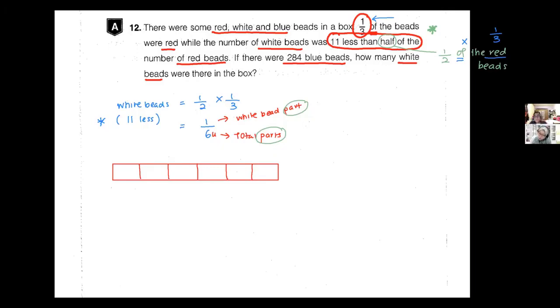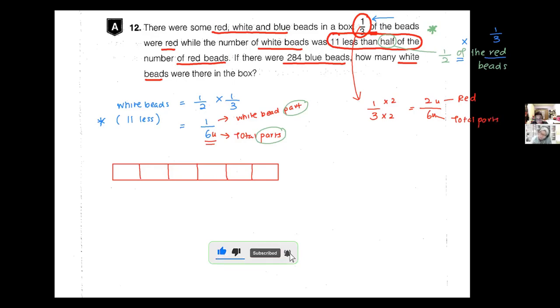So before that, this 1/3, plug it out. Now since everything is of 6 equal parts, this one must also times 2 to make it over 6 parts. So which means my red is 2 units. My 6 is my total parts. Like just now, same.